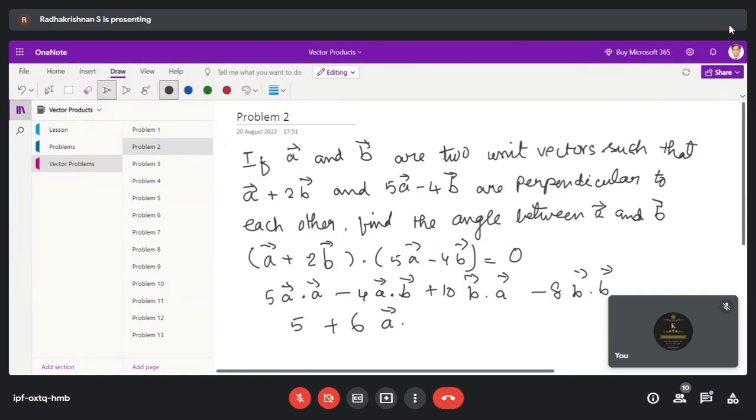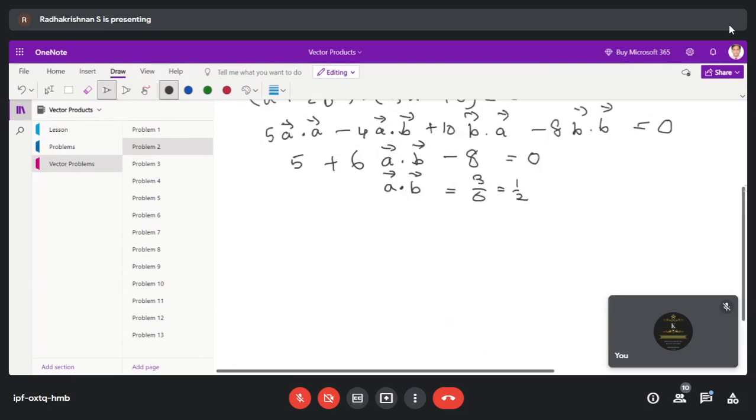Similarly this becomes 8 b dot b, which is 1. So from this we can determine the value of a dot b equal to 8 minus 5, 3, 3 by 6. 3 by 6, 1 by 2, sir. Minus 3, sir. Sorry, 1 minute.